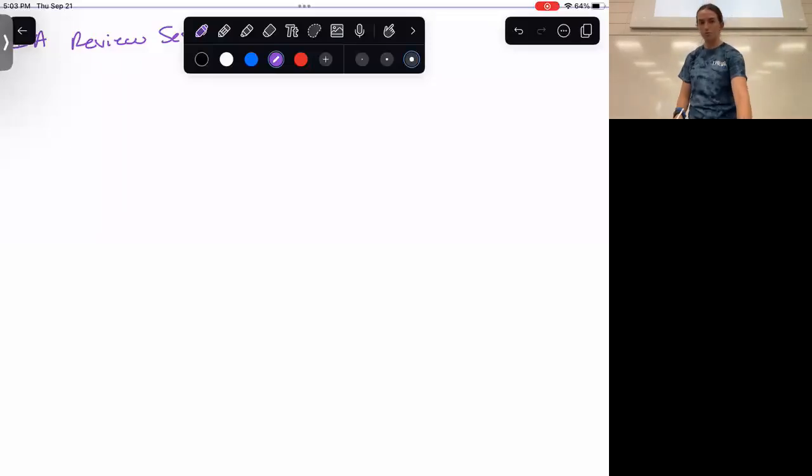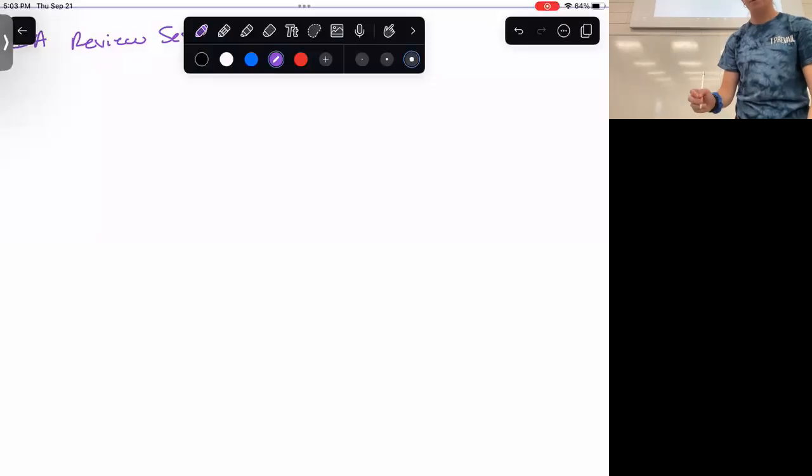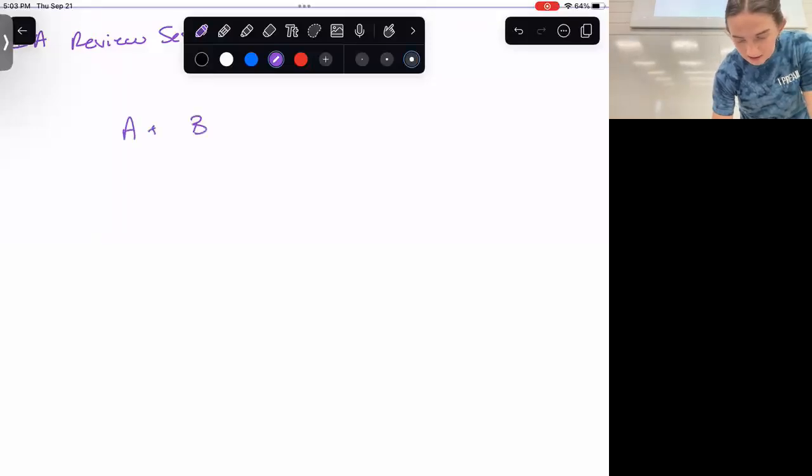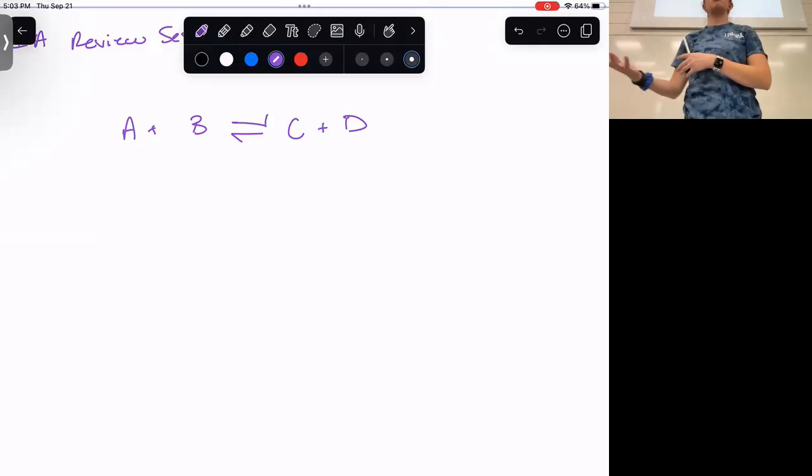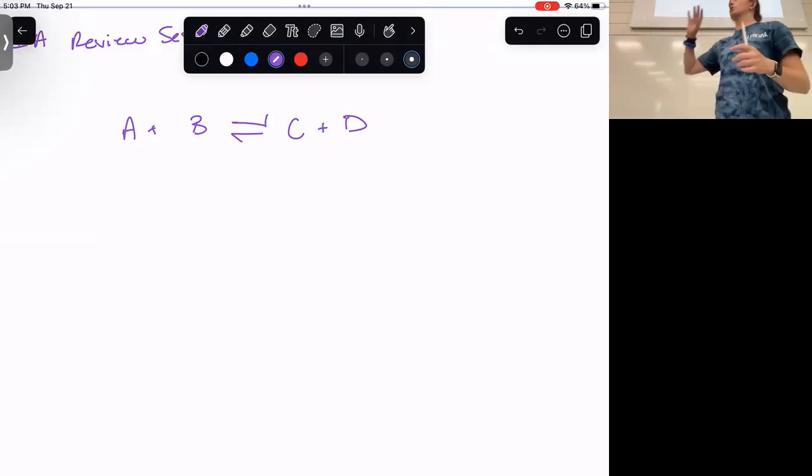Yes. Okay. So when we talk about equilibrium, it's always going to be denoted as a chemical reaction with the forward reaction and the reverse reaction. So A plus B are your reactants here, going to C plus D, which are your products. That's going from left to right.